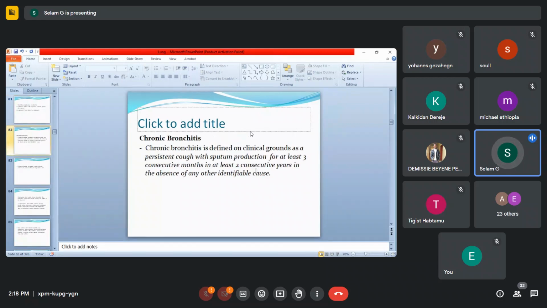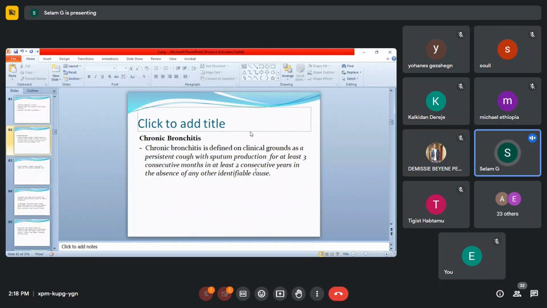The other disease found in this group is chronic bronchitis. It is defined on clinical grounds. It is defined when there is a persistent cough with sputum production for at least 3 consecutive months, in at least 2 consecutive years, in the absence of any other identifiable cause, like if there is no infection or other causes.